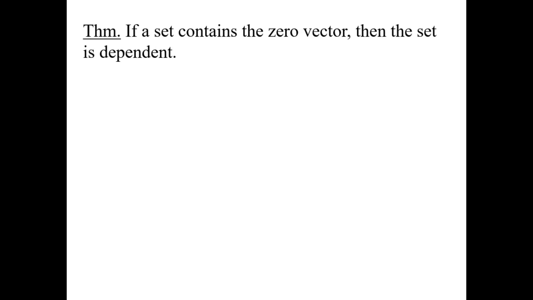If a set contains a zero vector, it is automatically a dependent set, right? Consider this. Let's say you've got three vectors, u, v, and the zero vector. Now remember, they're linearly dependent if you can find those coefficients, and the result is zero. Well, linear dependence means you can find coefficients and they're not all zeros.